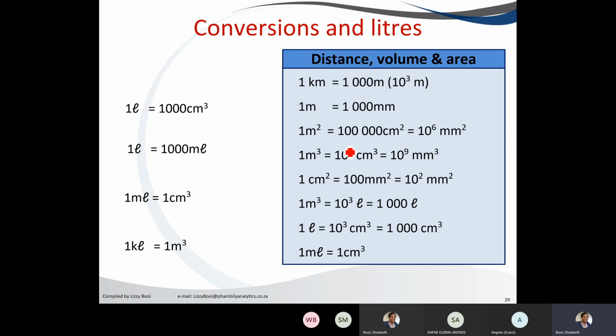So that's what we need to use to convert all this. We will use that to convert at a later stage.